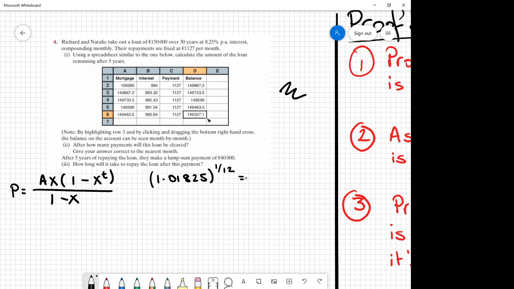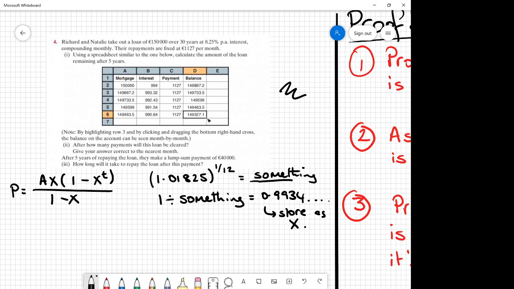That's equal to something. We divide the something into 1, and we'll get from that 0.9934... And the answer we get to this, we'll store that in the calculator as x.